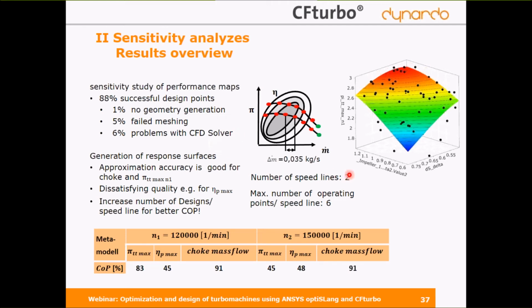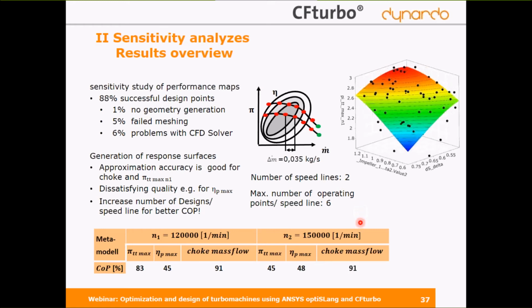If we set up response surfaces dependent on multiple input parameters, on multiple geometry parameters, we have to find a good measure for the quality of the response surface, because we don't want to have a good fit, we want to have a good prognosis quality of our response surface. And this is what we get from the COP, the coefficient of prognosis.